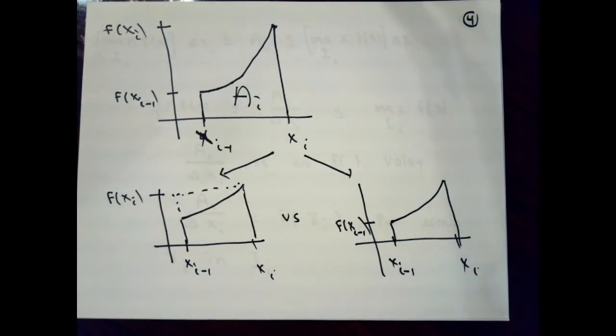The way I've got this drawn, the biggest function value happens at the right end and the smallest at the left. That isn't necessary for our discussion, but it's good for visual representation.